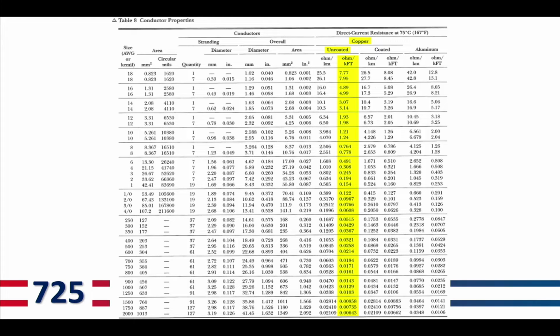And this is our resistance for 1,000 feet. That's what the ohms/KFT means. That's ohms per 1,000 feet. There's two different resistances on there because one of them's solid and the other is stranded. So the top number is our solid conductors, and then our bottom number is the stranded conductors.